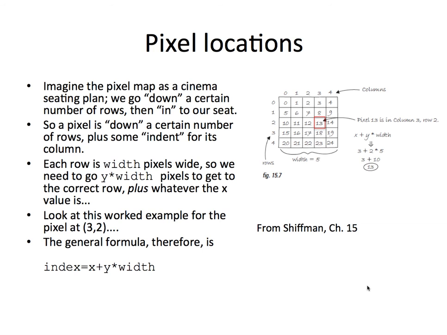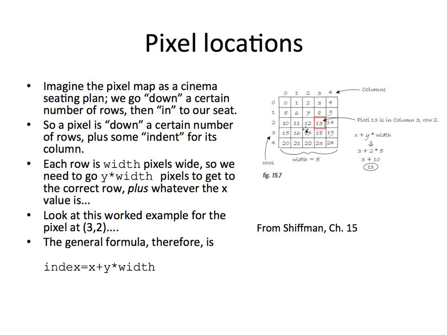Well, another way to visualize this is as the pixel map being a sort of cinema seating plan. So we go down a number of rows and then in to our seat. So the pixel is down a certain number of rows, the y, and then we add some indent for the column, the x. Each row is width pixels wide, in this case 5.